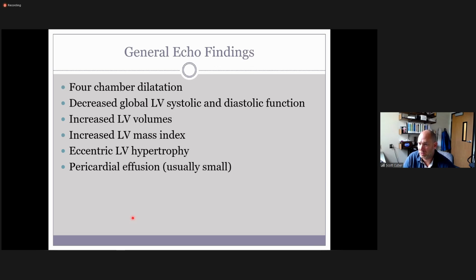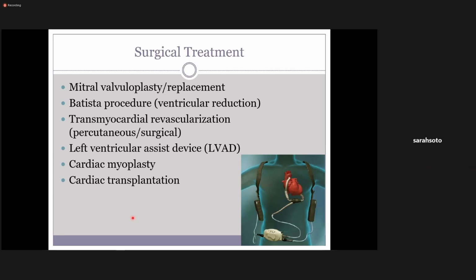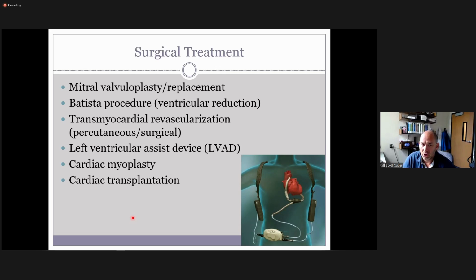All right, so echo. Again, let's stop here for a second and just have a bit of a discussion. What do you think you would want to look at with an echocardiogram if you were to go in and you knew the patient had possible dilated cardiomyopathy? What do you want to show me? Size. So that means we have to see the chambers. Good. Is it visual enough, or do we need to show something else?